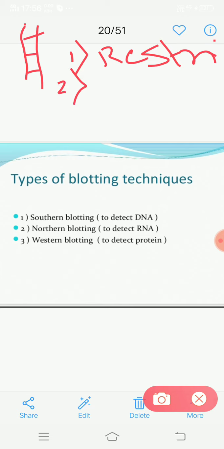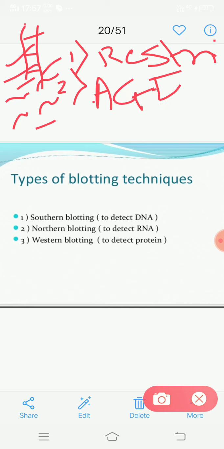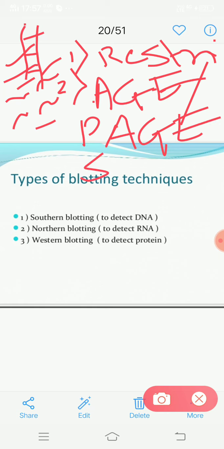Second step: after digestion, different fragments of the DNA are made, with different lengths, so you have to separate those fragments. For the separation of the fragments you have to perform agarose gel electrophoresis, or polyacrylamide gel electrophoresis, or SDS electrophoresis.